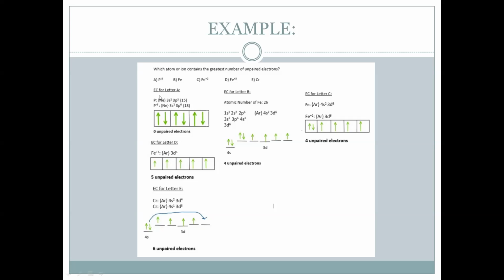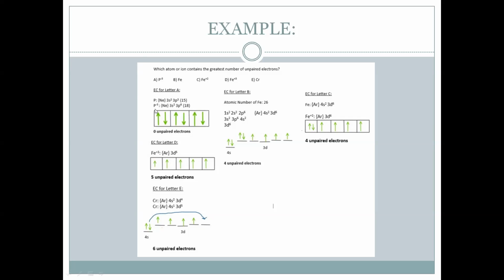Okay, so this is the electron configuration for letter A. So the electron configuration of phosphorus is this, which has the atomic number of 15. But in this case, this is phosphide ion. So this is already an ion kasi nadagdagan siya ng electrons. So, this phosphide ion is called an anion.